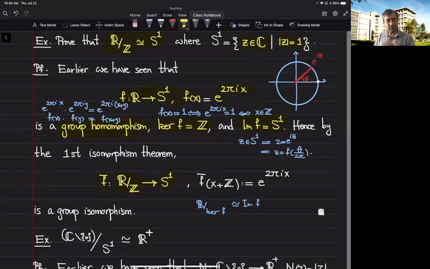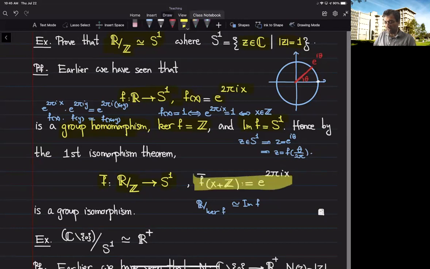And in fact, the first isomorphism theorem also tells us what an isomorphism is. It gives us an isomorphism from the quotient of R by Z to the image of f.